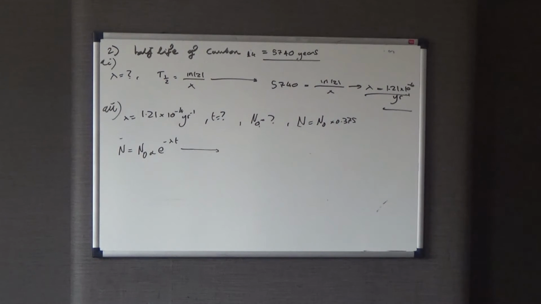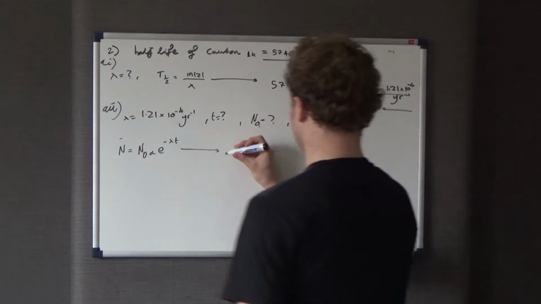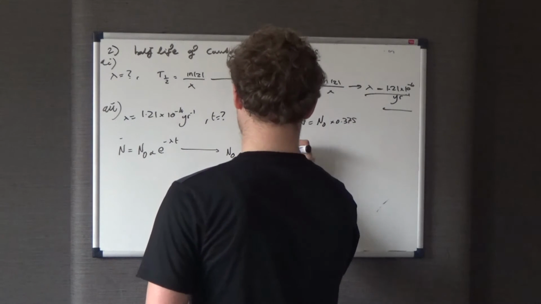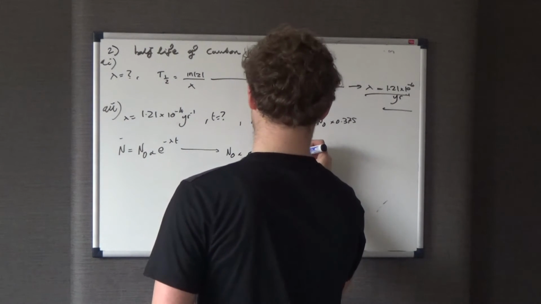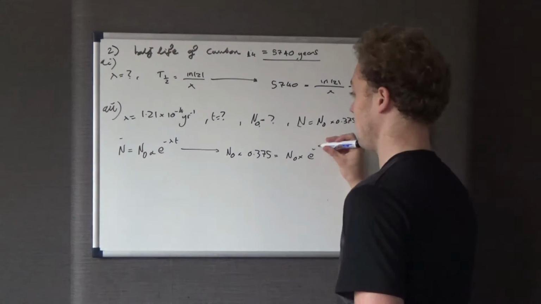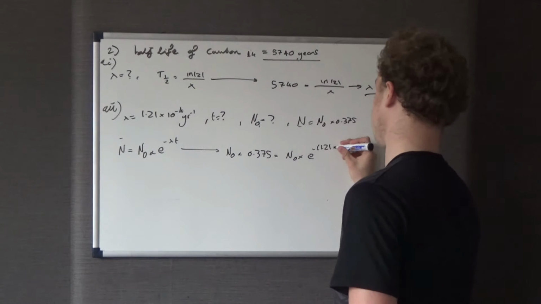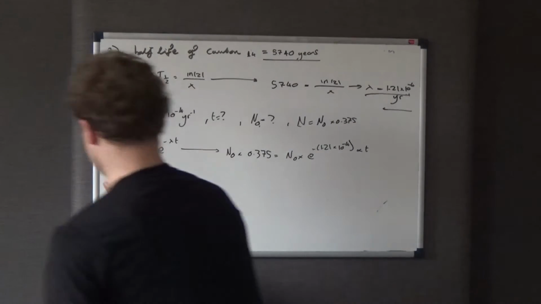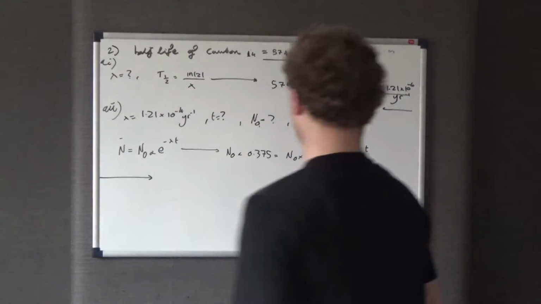We can simply put our answers both in terms of N naught, so we can cancel out the N naughts. So N naught times 0.375 is equal to N, which is equal to N naught times e to the minus lambda t. We know that lambda is 1.21 times 10 to the minus 4, times t. So it's just a case now of simplifying the answer.